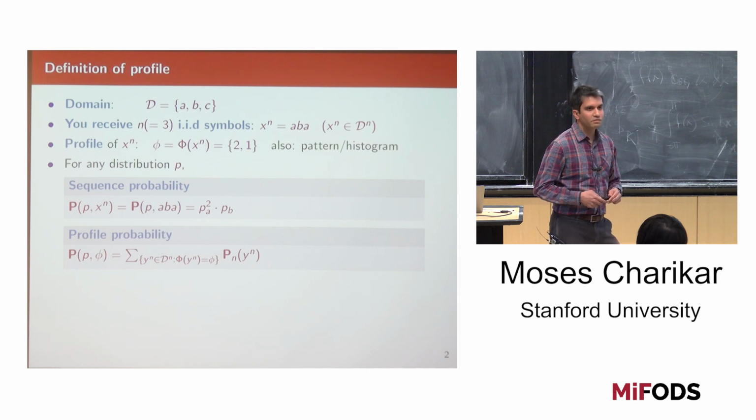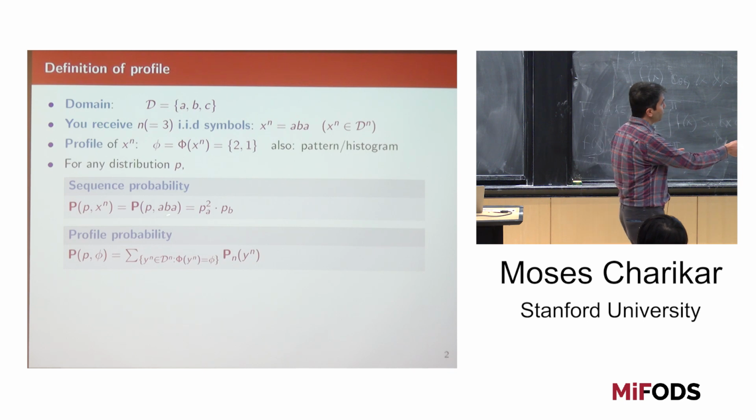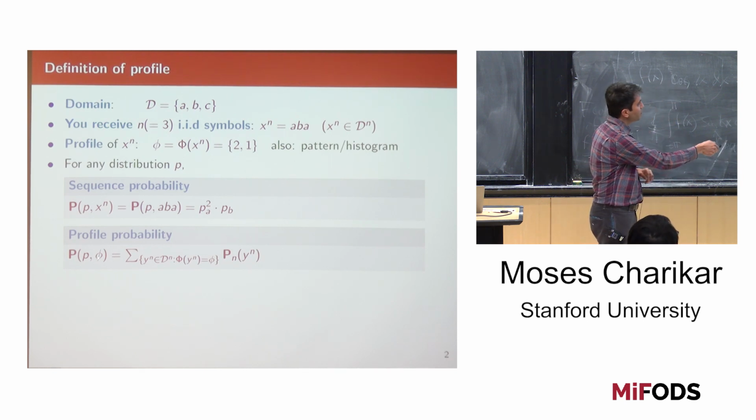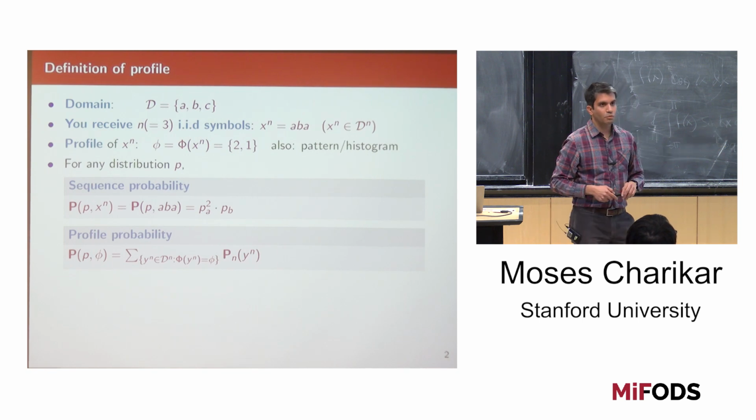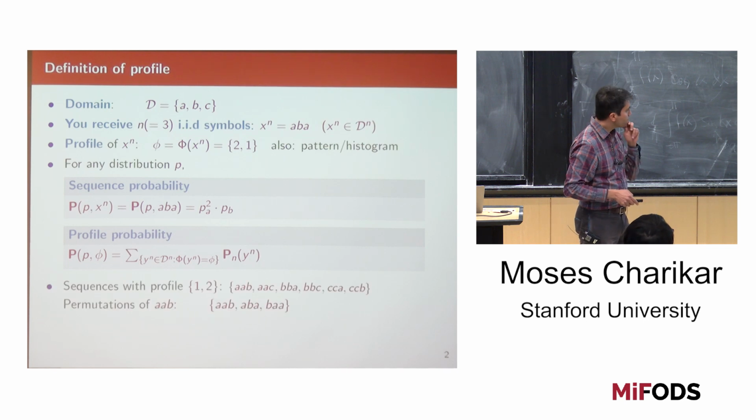That's the probability of the profile 2, 1. So I distinguish between 2 things: the probability of this particular sequence, and the probability of this particular profile 2, 1. Clear? All right.